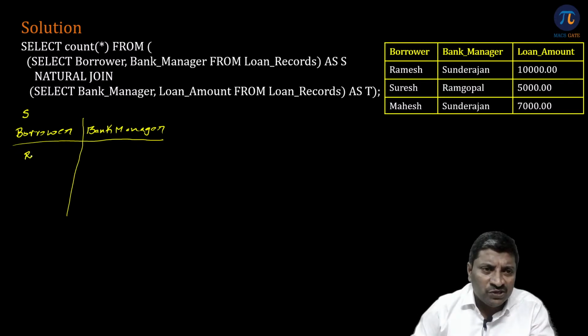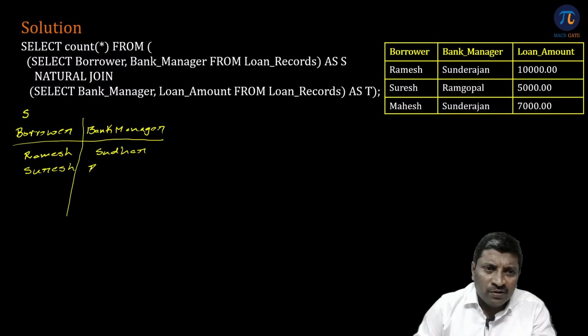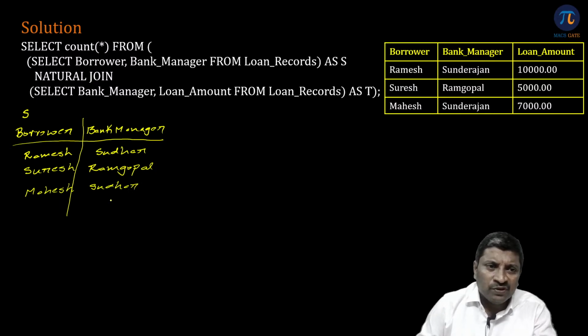Borrower is Ramesh, bank manager Sundarajan. Okay, let me write Sundar simply. The next one is Suresh, Ram Gopal. The third one is Mahesh. Again, I think he is Sundarajan. So Sundar. So this is S.